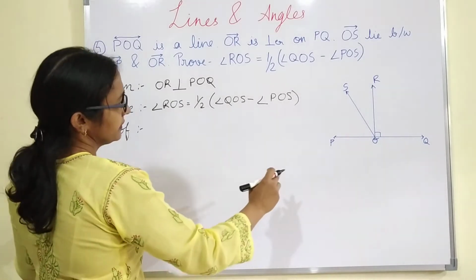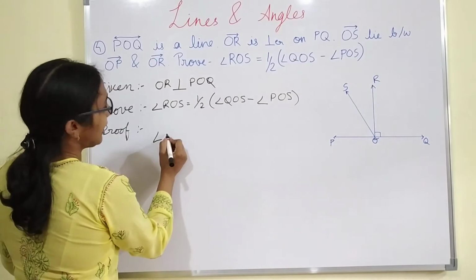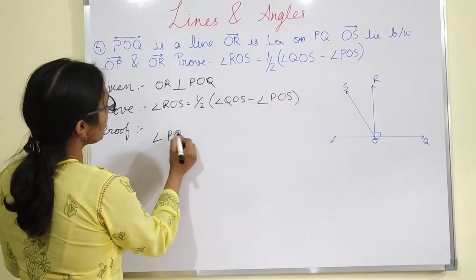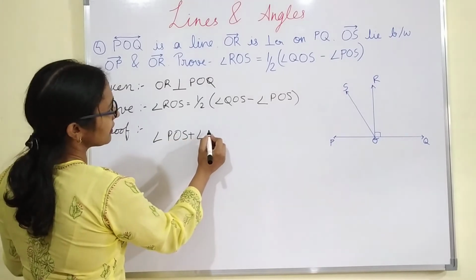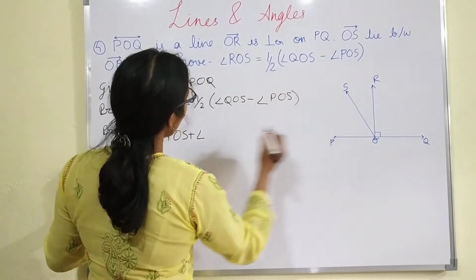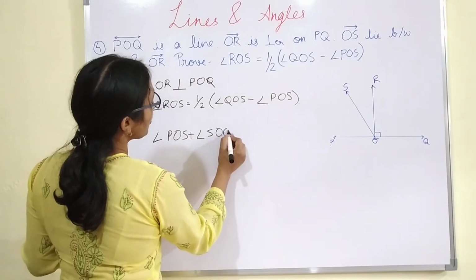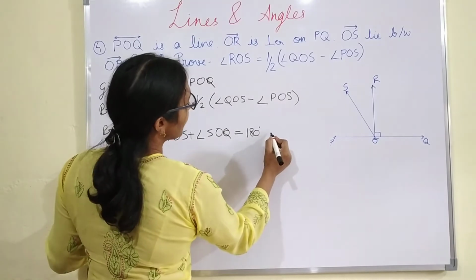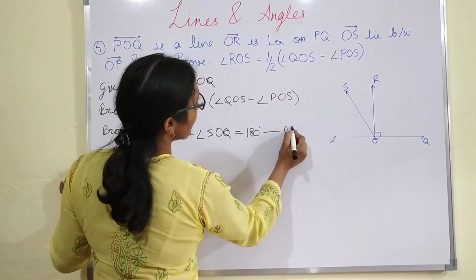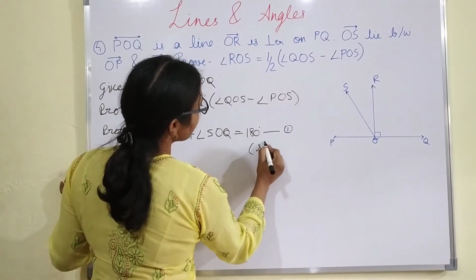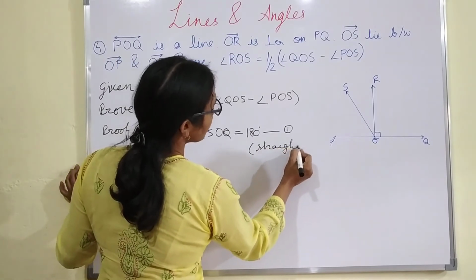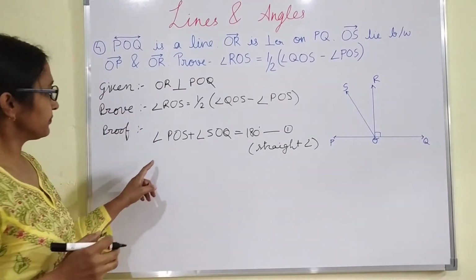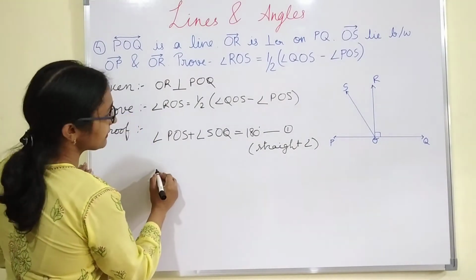So angle POS plus angle SOQ equals 180 degrees. Why is it so? It is equation 1. And why is it so? Straight angle.